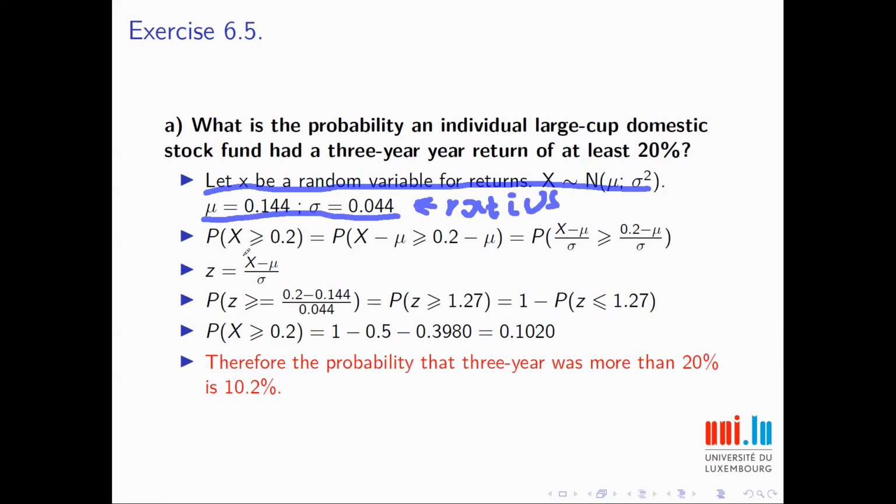And the formulation of our question is: what's the probability that our normally distributed random variable is more than 20%?